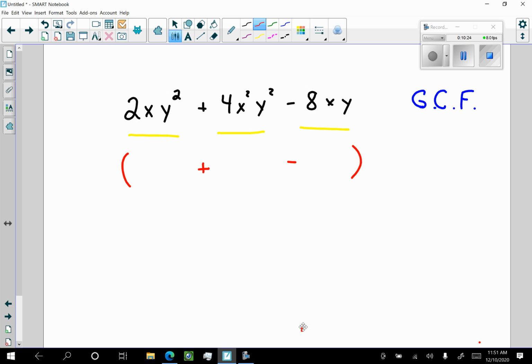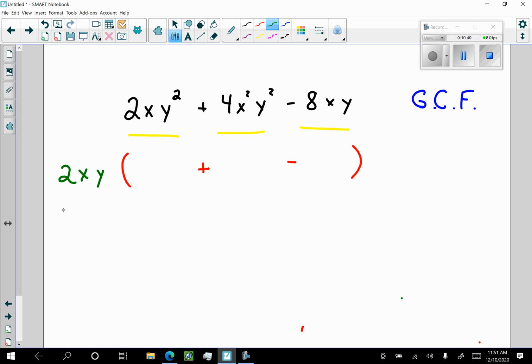And it looks like all of those have a 2. So I'm going to factor 2 out. And then each one of them has an x, and x to what power? x to the 1 power. And they each have a y, and the greatest common y is going to be y to the 1.